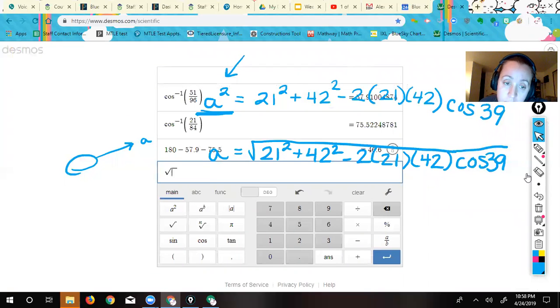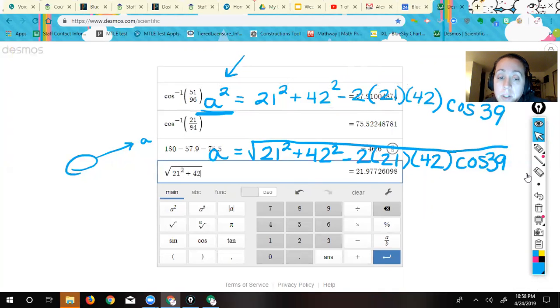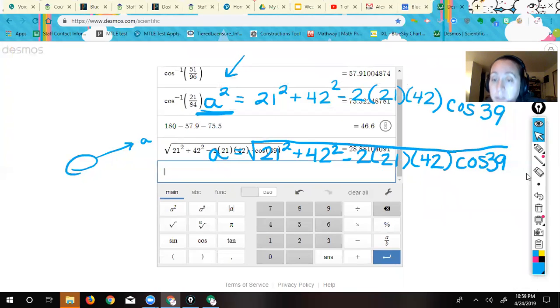You like that word? So there's my square root sign. 21 squared plus 42 squared minus 2 times 21 times 42 times the cosine of 39. Enter.